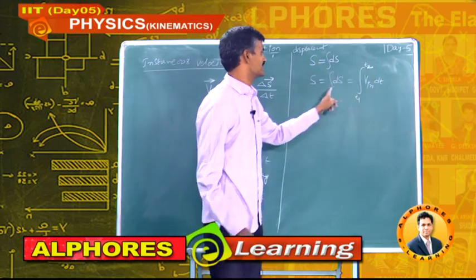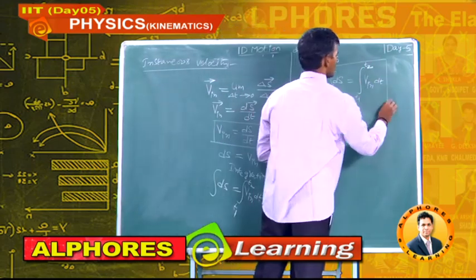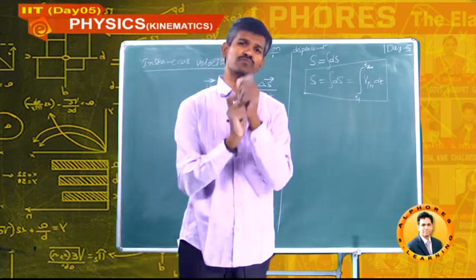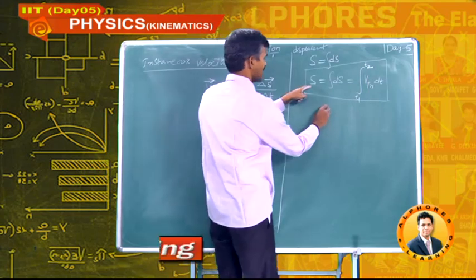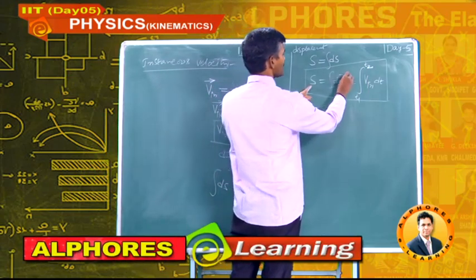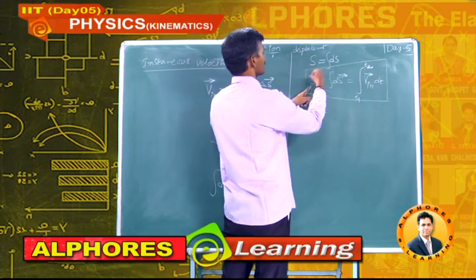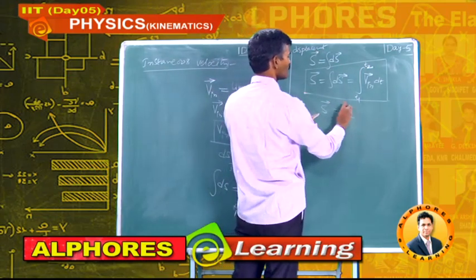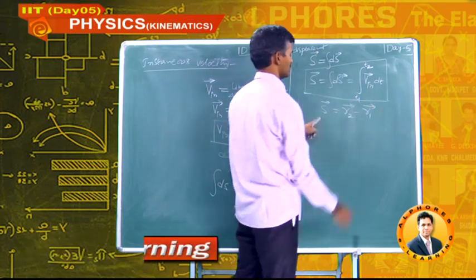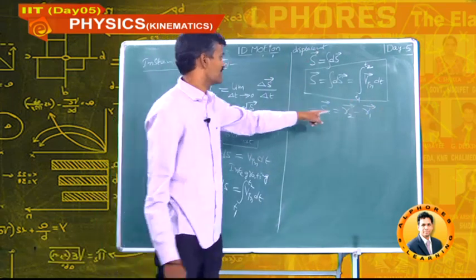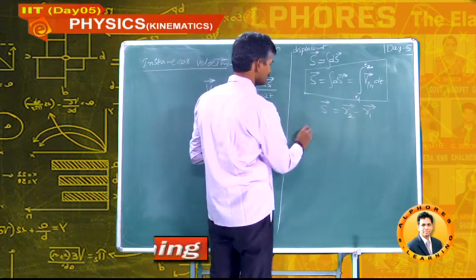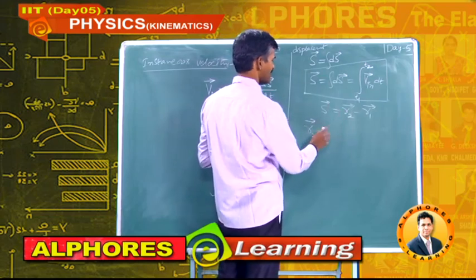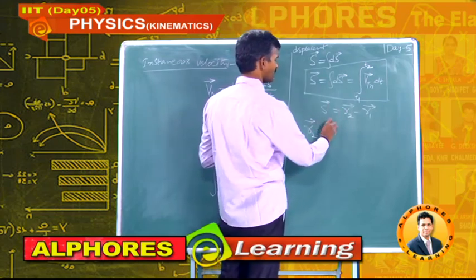It is very important for calculating the displacement. We already know that displacement is nothing but change in position. So, this displacement s bar, written in vector form, is r2 bar minus r1 bar.